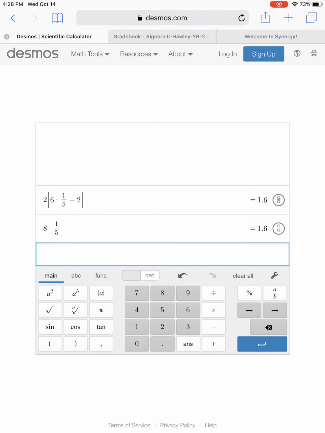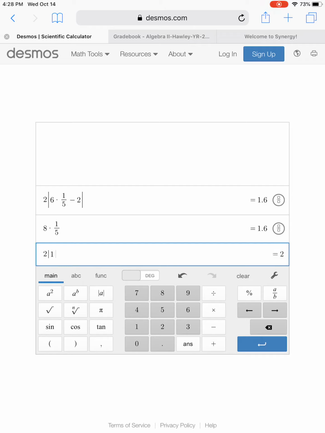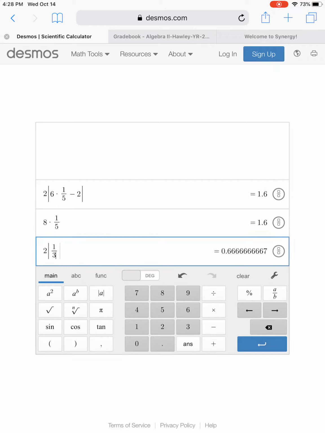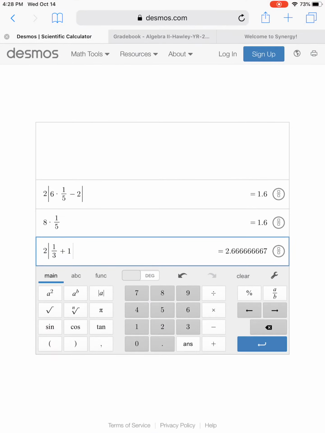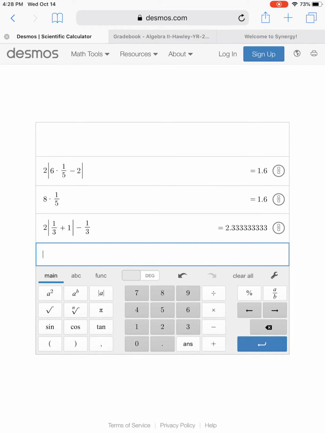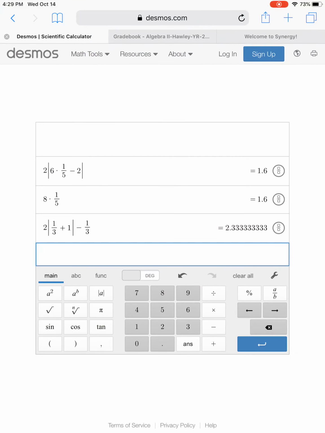So we'll go to the Desmos calculator. 2 times the absolute value of 1/3 plus 1. Okay. Minus 1/3. Okay, and that's 2.3 repeating. And I go here, 3 times 1/3 minus 4.